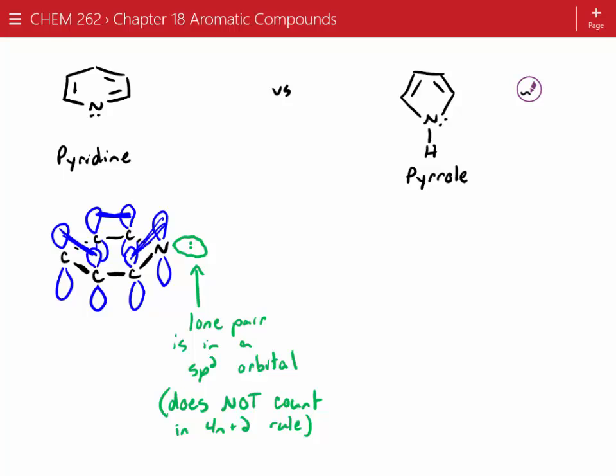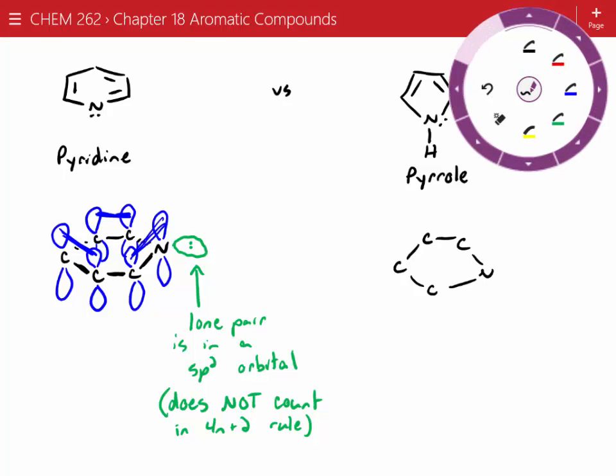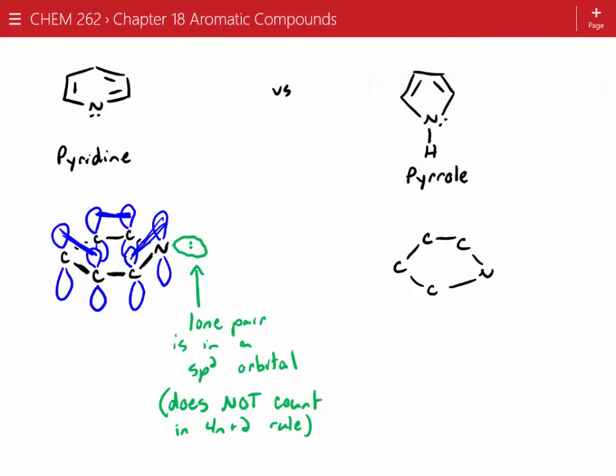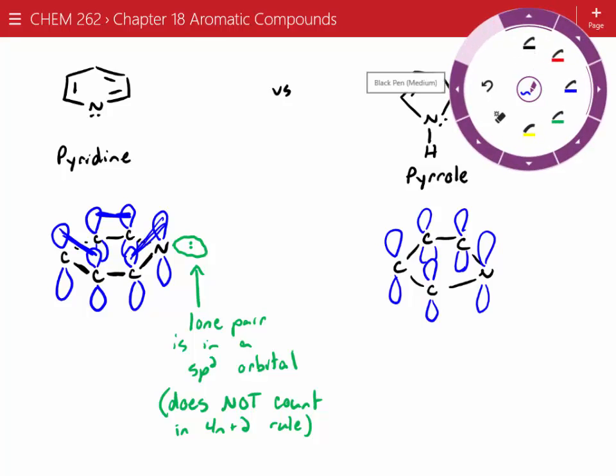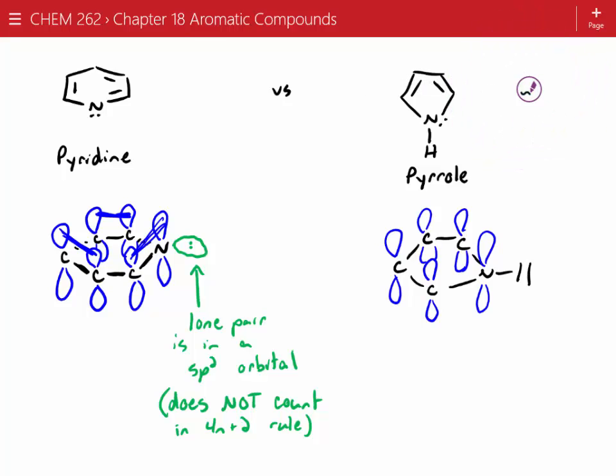And again, I'm going to try to draw this on the side. Okay, let me try to clean this up a bit. That's about as artistic as I get. I apologize. And we'll go through and we'll draw in all these p orbitals. And then over here we also have hydrogen that's bound.